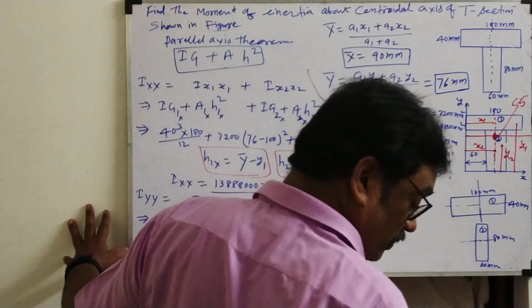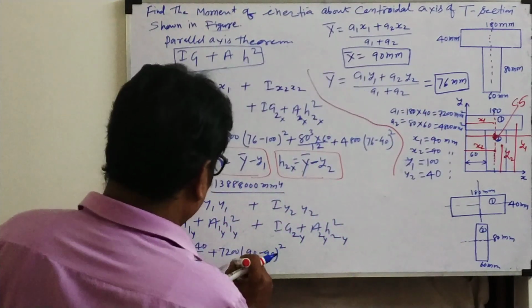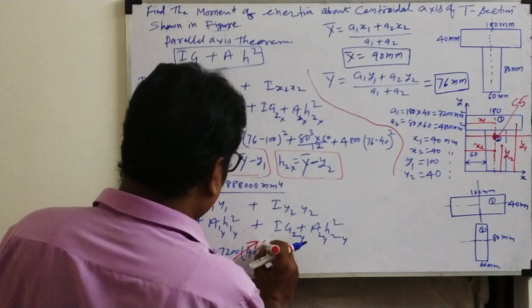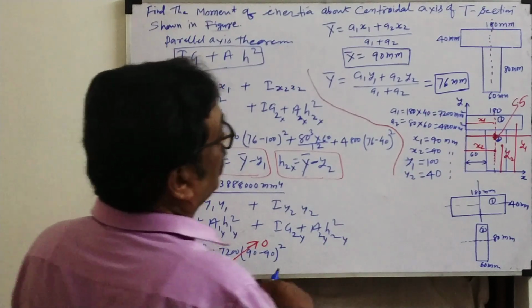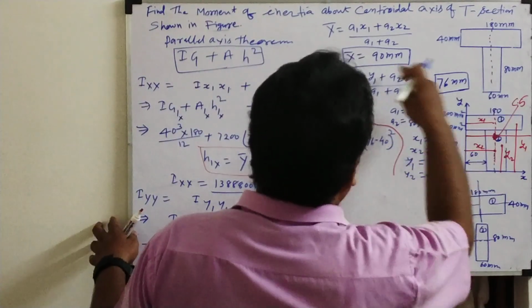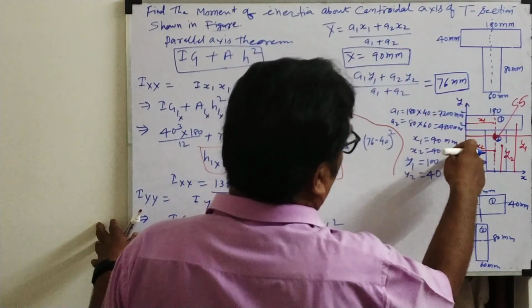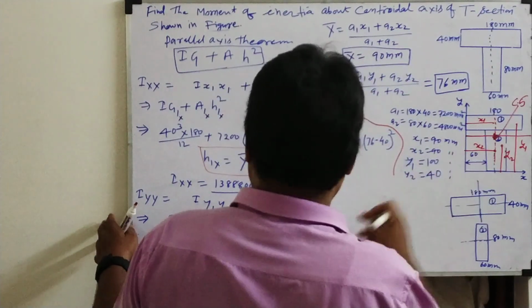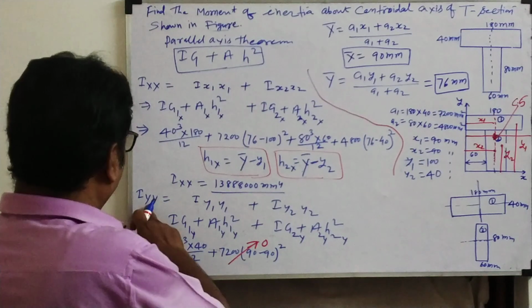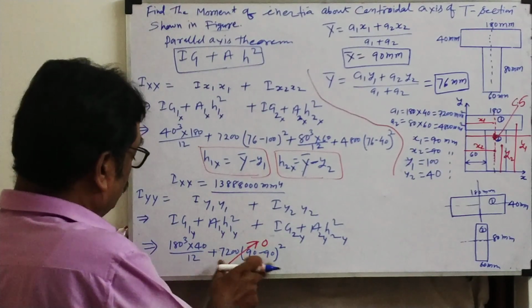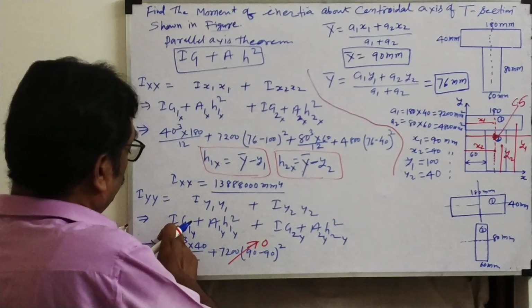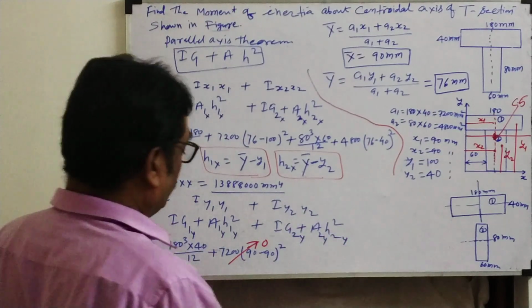If you see this 90 minus 90, what is coming? 0. Why 0? Because this is symmetrical about the y axis. So x bar, x1, x2 are all 90. So if symmetrical about the y axis, this part of Iyy will be 0. Directly write the individual section moments of inertia, add, and we'll get the answer.